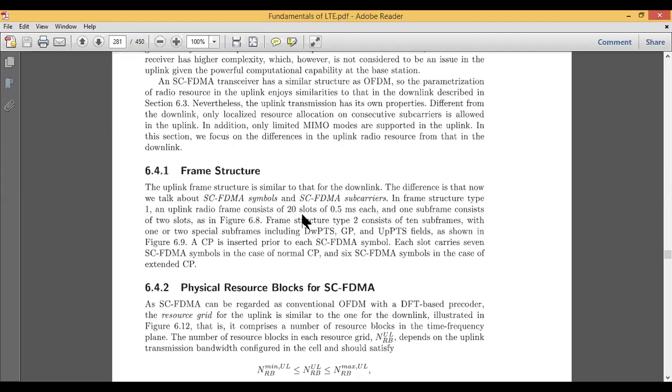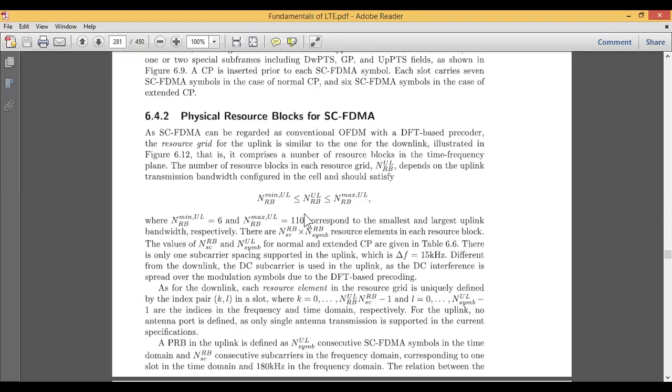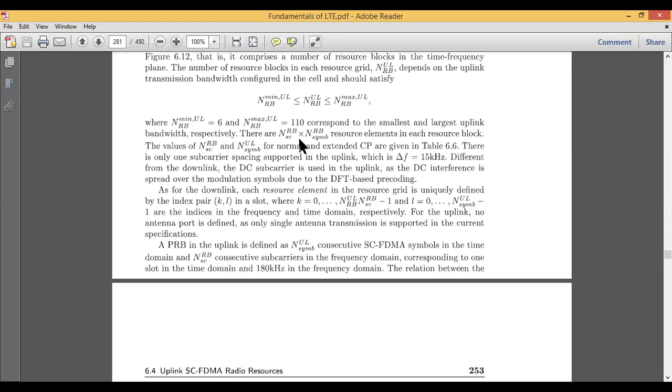So all 20 slots are filled with radio resource elements or radio resource blocks, which can be used in the uplink transmission depending on the bandwidth specified. Compared with that diagram, they make use of delta f, the spacing between the two bands, which is almost 15 kilohertz, and again it is different from the downlink.